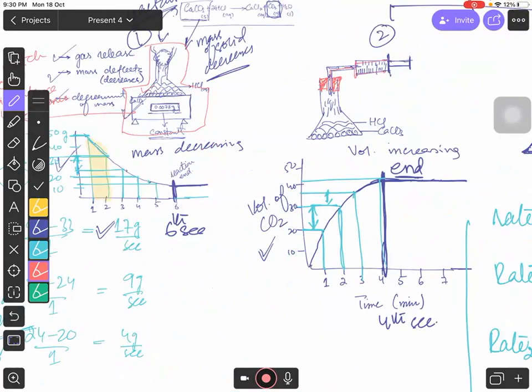So in paper, most of the time they use the word gas syringe along with the stopwatch, okay? And definitely a bung which closes the apparatus, and conical flask and delivery tube, right? These are the apparatus that we can use to find out the rate of reaction.